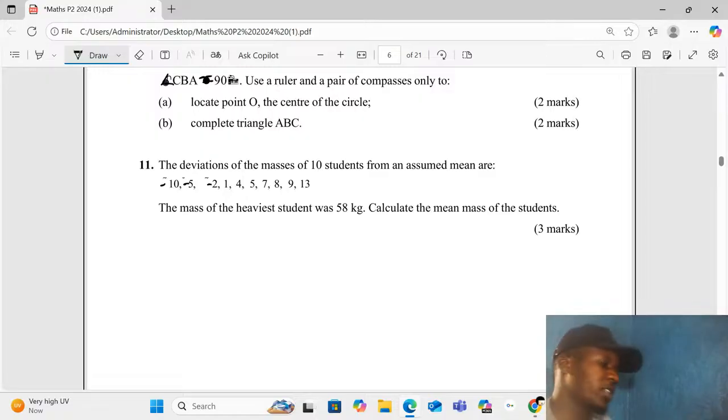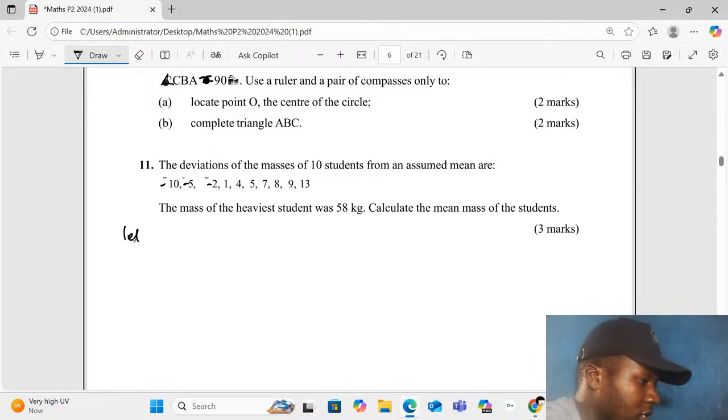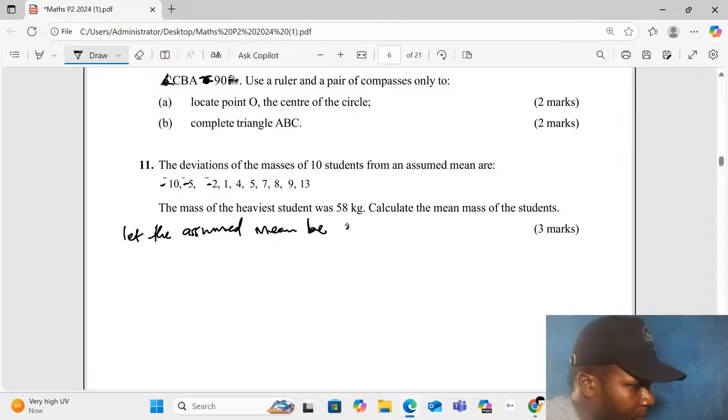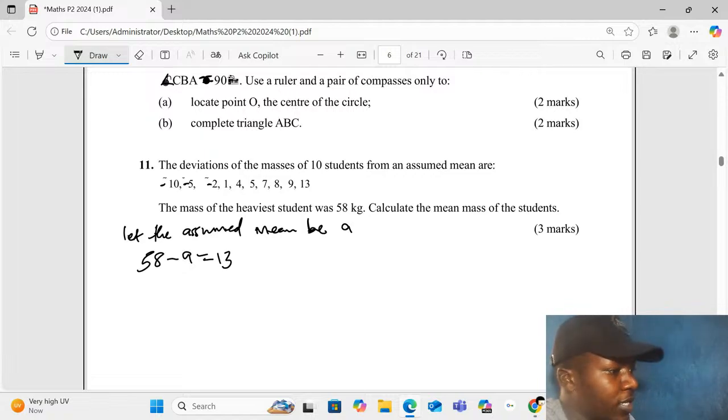Now we can use the assumed mean, whereby we let the assumed mean be A. So that when you get the heaviest, which was 58, minus the assumed mean, you're going to get 13 kilograms.